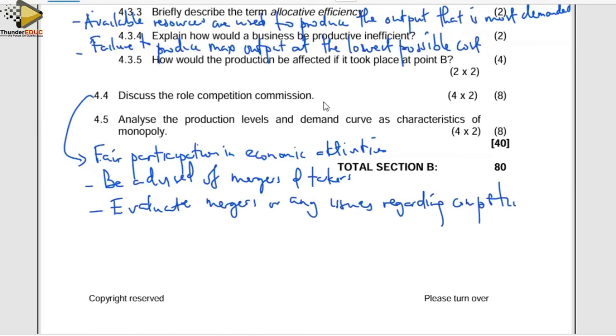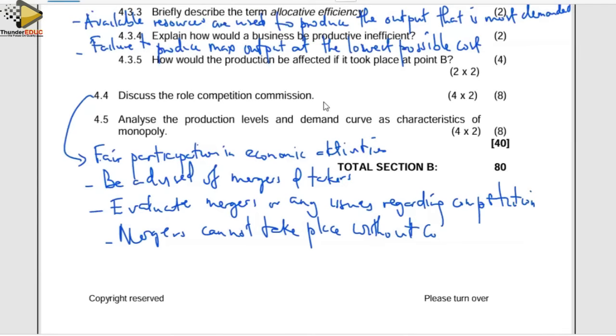That's another duty regarding competition. Or you can say mergers cannot take place without the consent of the commission. Right, that's basically the idea behind the Competition Commission.